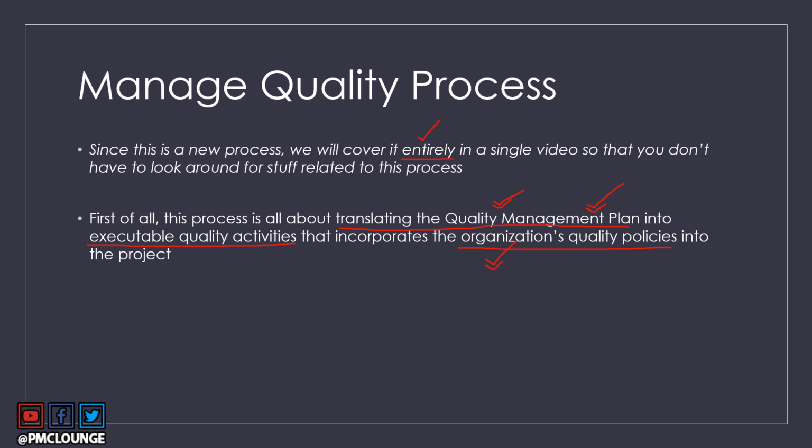The Manage Quality process is not just translating your quality management plan into executable quality activities, but it is also making sure that the organization's quality policies are incorporated into the project. Two very, very important things, and that's why I say you have to understand this before we can move further.